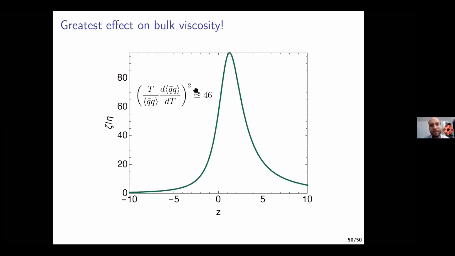I mean, this parameter that we're multiplying by the difference is something like 46. So this is the susceptibility in some sense. And so this tells you that you expect the bulk viscosity to really have something to say near the chiral phase transition, and is worth considering.